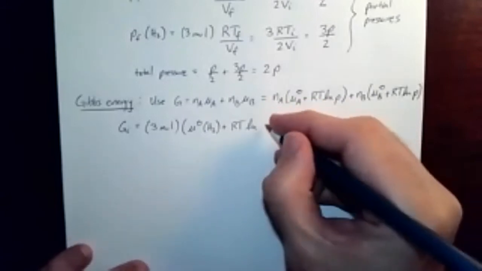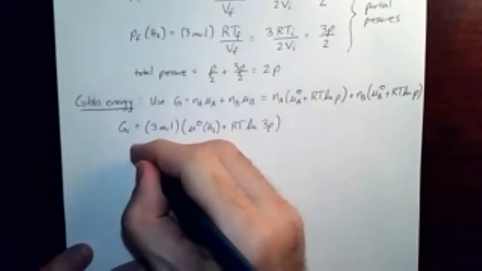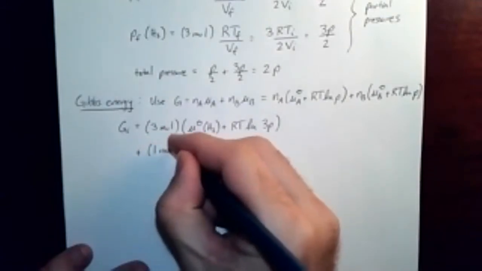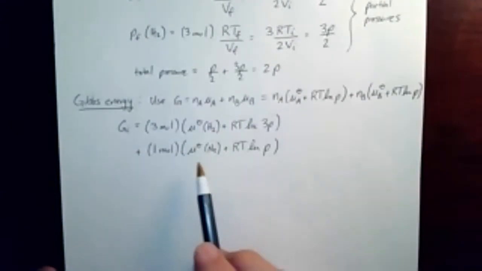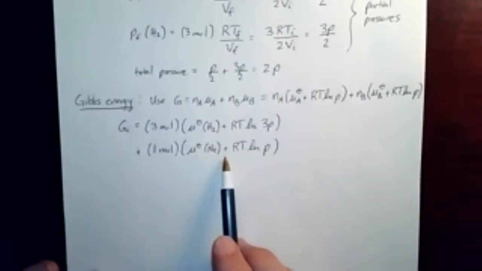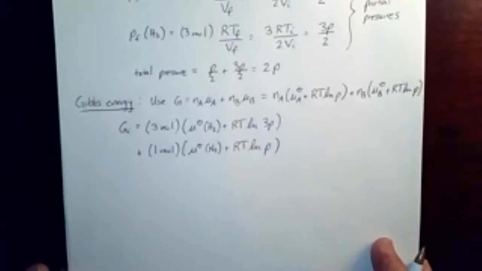So this one is 3P, plus the second term, 1 mole of N2 gas times mu standard of N2 plus RT ln of P. That was the initial pressure for the N2 gas. All right, so that's G initial.